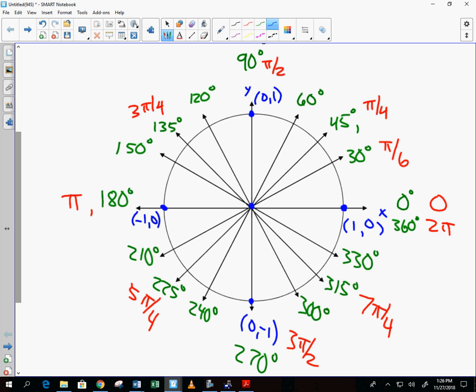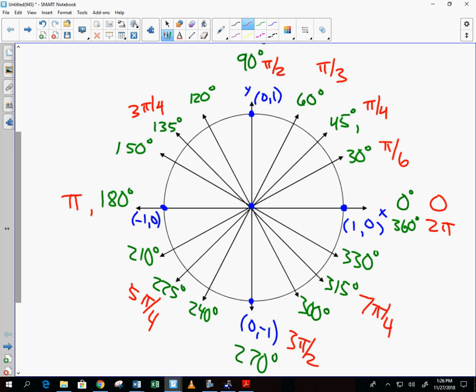The first: 1 pi over 6. 2 pi over 6, which reduces to pi over 3. 2 pi over 6 is the same as pi over 3, right?